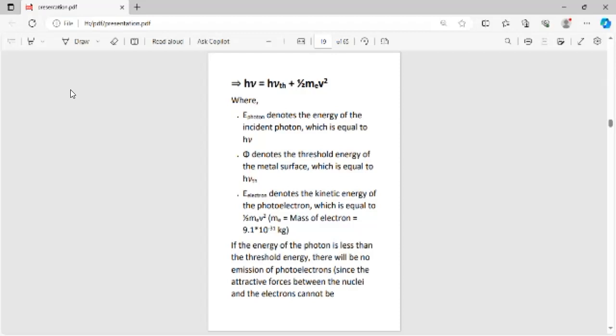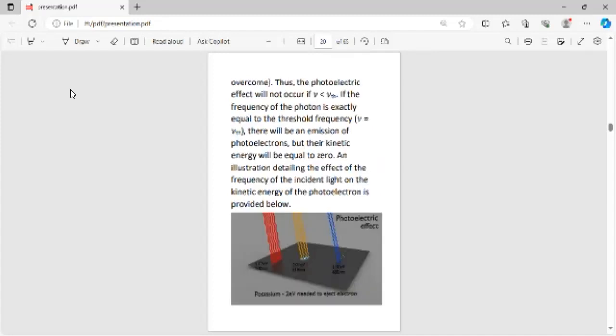If the energy of the photon is less than the threshold energy, then there would be no emission of photoelectrons. Thus, the photoelectric effect would not occur if the threshold energy is greater than the energy of the photon, and if the threshold frequency is greater than the frequency of the incoming photon.